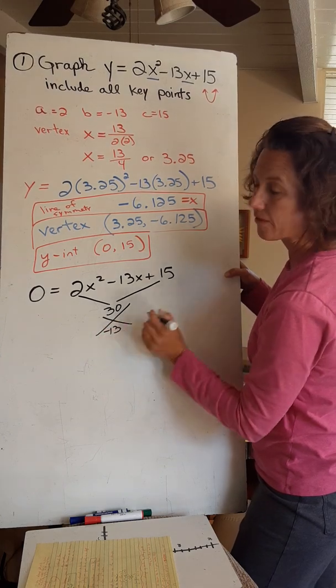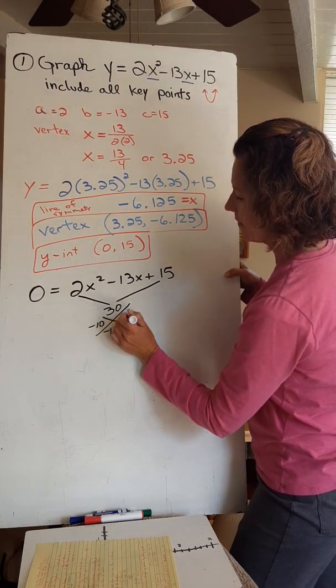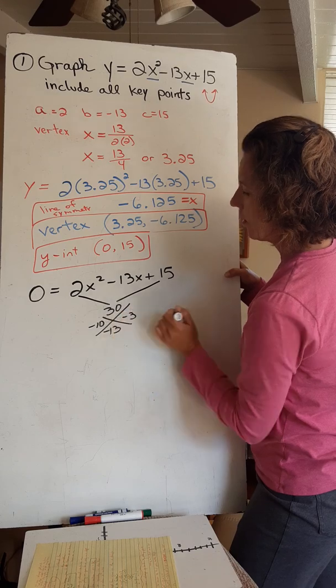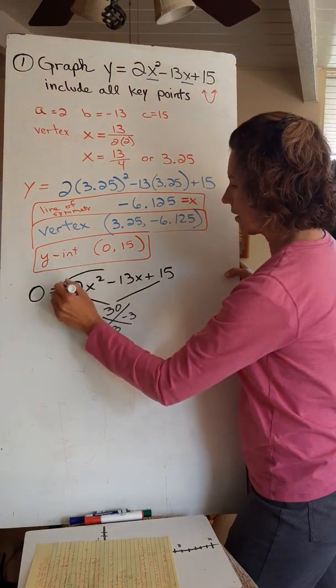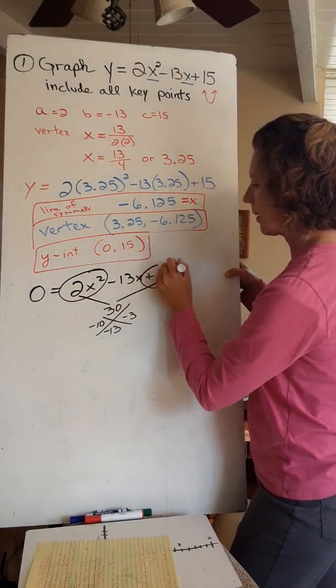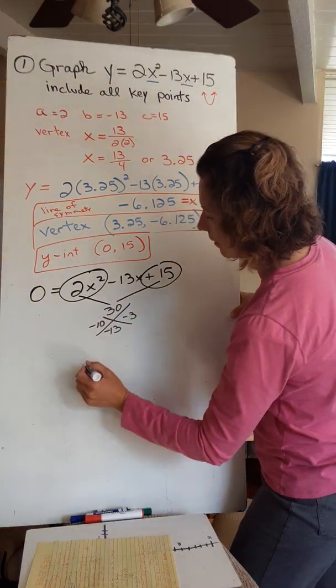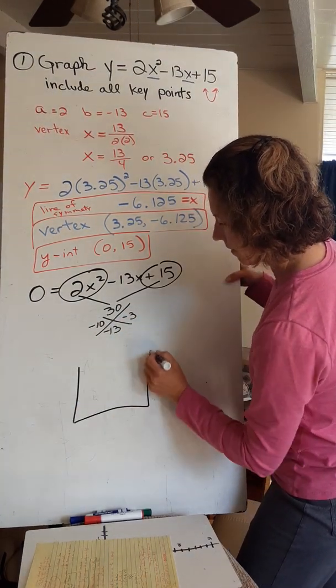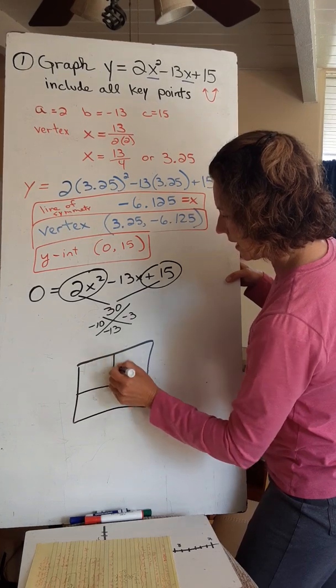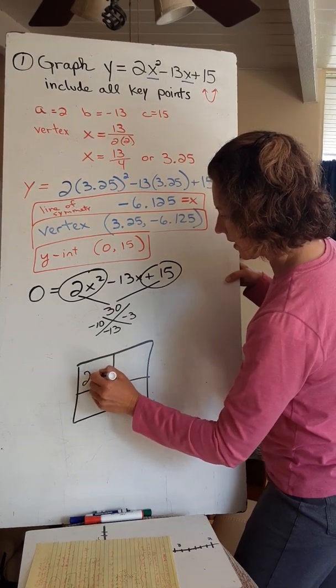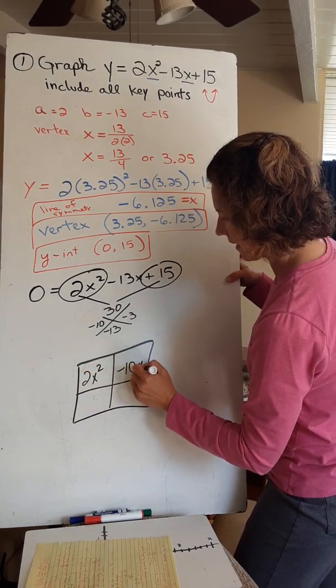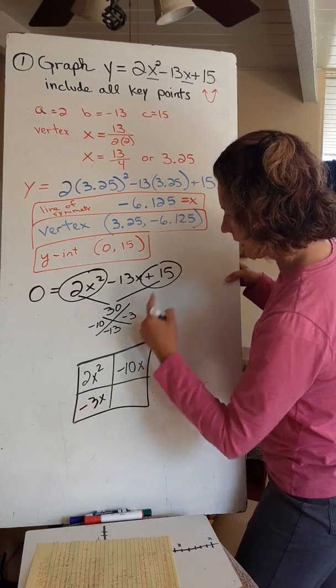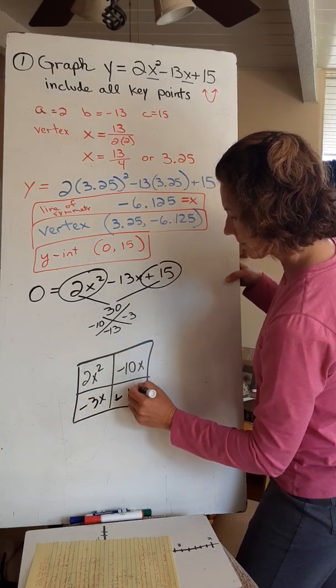That adds up to negative 13, negative 10, and negative 3. So we are keeping these when we go to our box, or you can factor by grouping if you want. And we are going to get 2x squared minus 10x minus 3x plus 15.